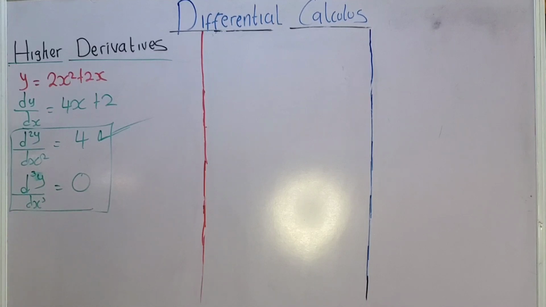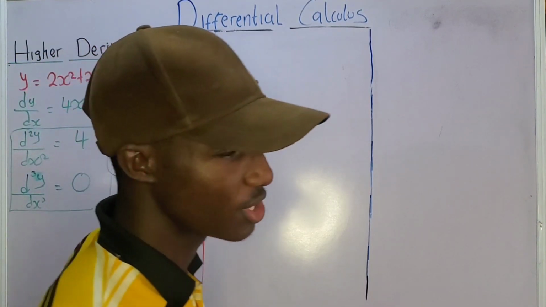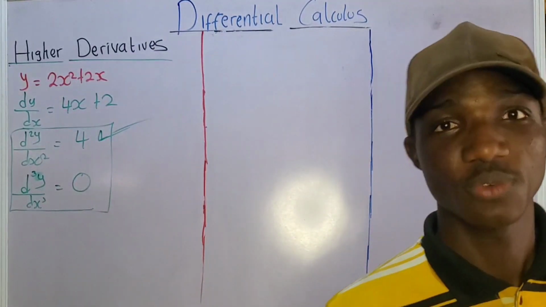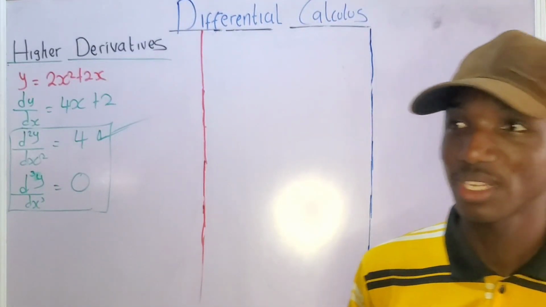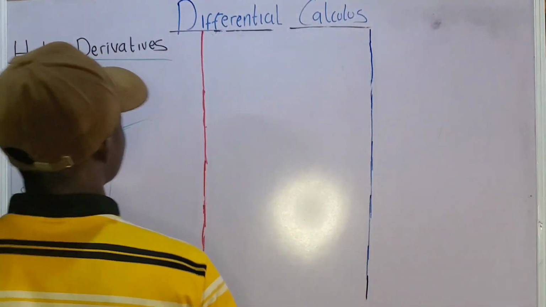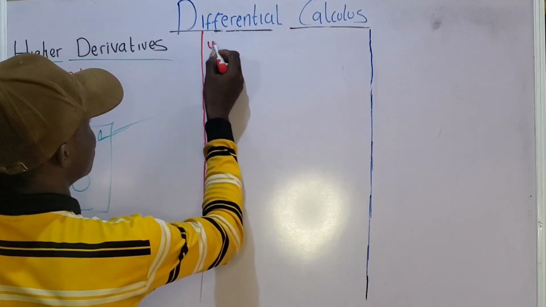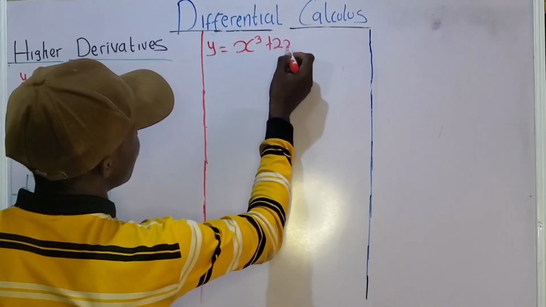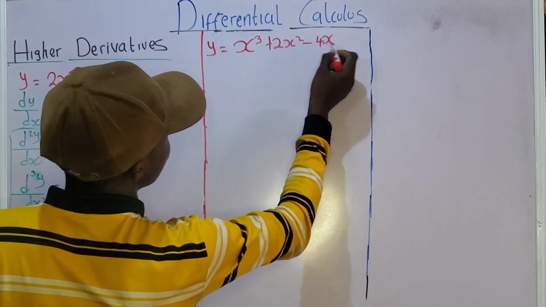So if you are given a function, you are going to be told what you are to perform with respect to the function that you are given. For example, let's say we have y equals x raised to the power of 3 plus 2x squared minus 4x plus 0.